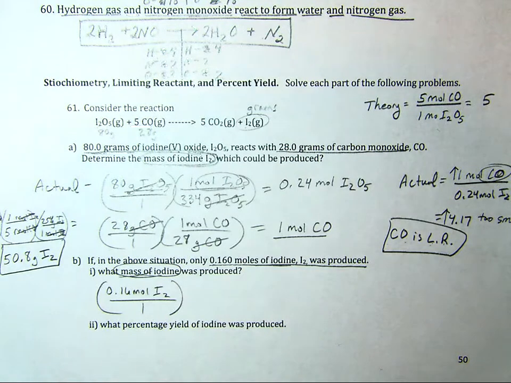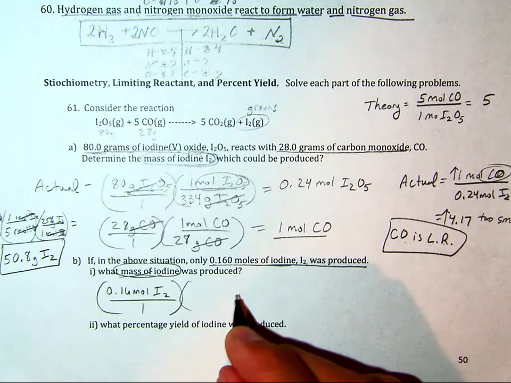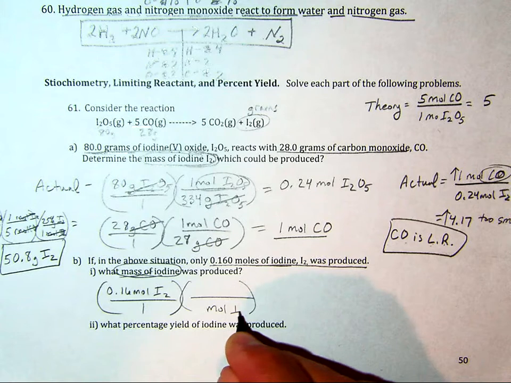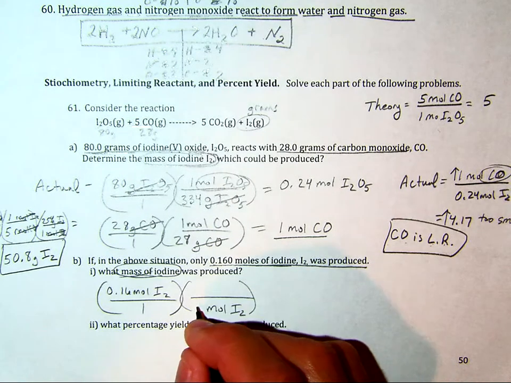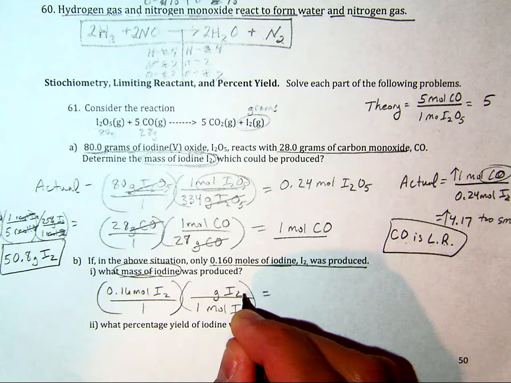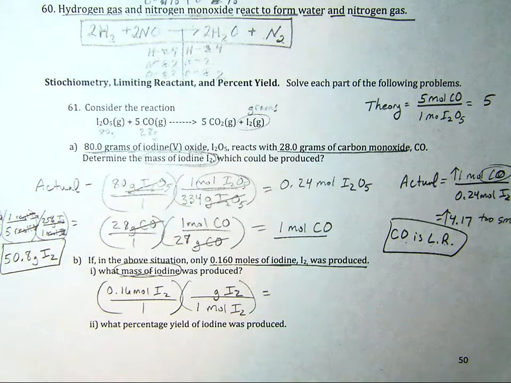And now it's just basic stoichiometry, just one step. If moles of iodine is on top, we're going to put moles of I2 on bottom. In 1 mole of iodine, how many grams of I2 are there? And the answer was, go to your periodic table. Iodine has the molar mass of 127. So 127 times 2 is 254.